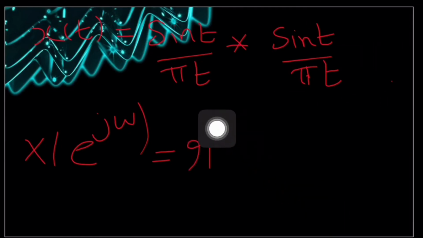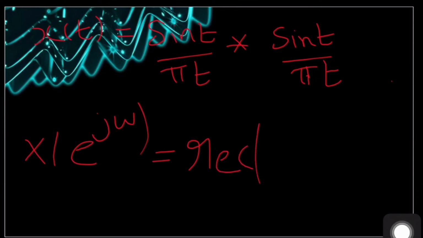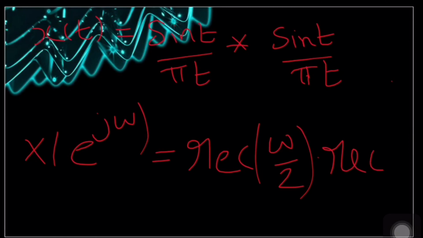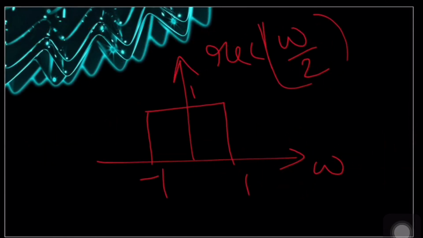Hence, we can write Fourier transform of this term as rectangular of omega by 2 into rectangular of omega by 2. In fact, the rectangular function rectangle omega by 2 is a waveform like this, which is having an amplitude 1 from -1 to 1. So when we multiply this waveform with itself, the answer is rectangular omega by 2.